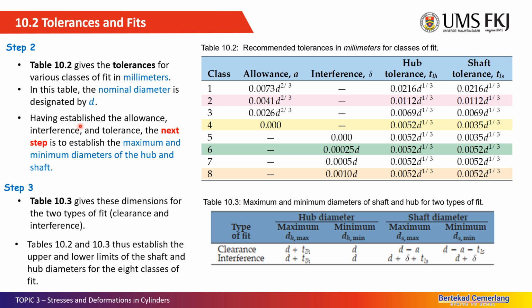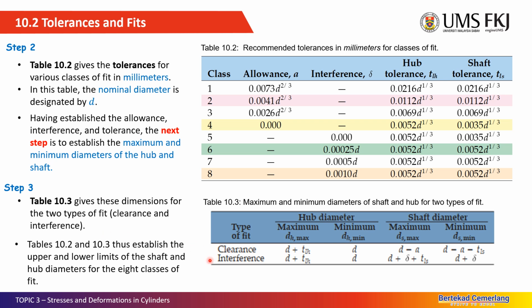When we have determined the allowance, interference and tolerance from the equation over here, the next step is to find the maximum and minimum diameter of the hub. So the next step is step 3, using table 10.3. Table 10.3 gives this dimension for two types of fit, clearance and interference.